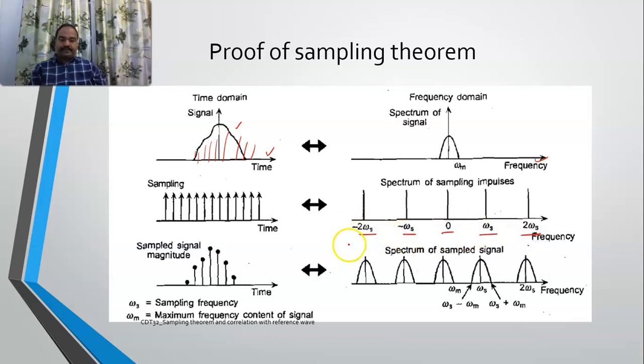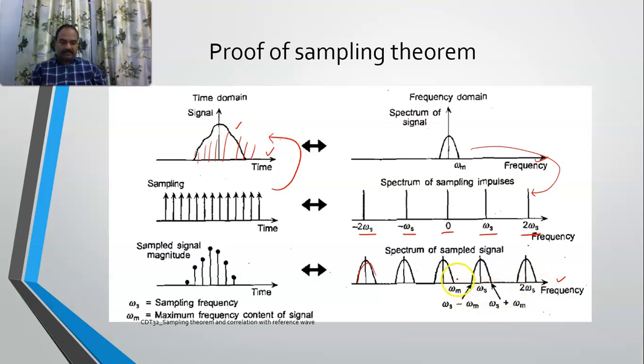Just like you sample with respect to time, you are supposed to sample with respect to these frequencies, so the output will be like this. This is a frequency spectrum which you might not have done; you should have done it in DSP or signals and systems. But I hope you can understand these things. So this is the spectrum of your sampled signal with respect to frequency.